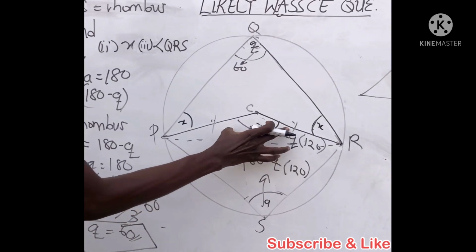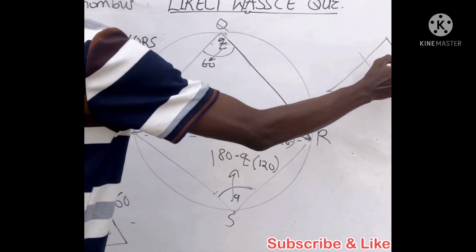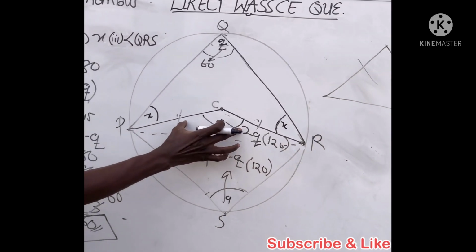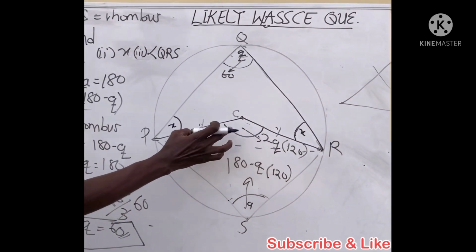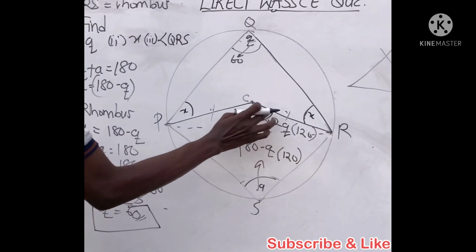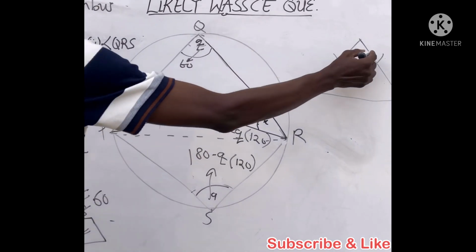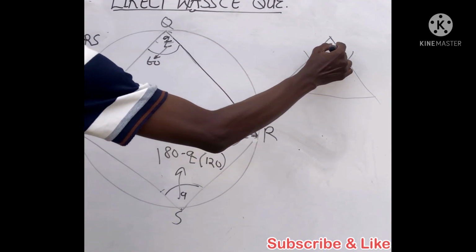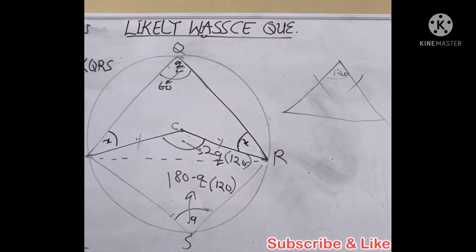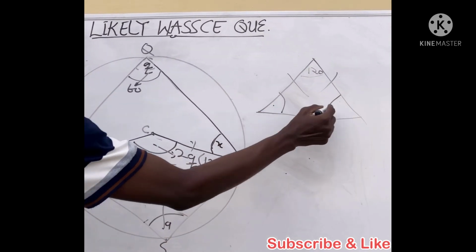Therefore, the triangle formed here is an isosceles triangle, because this line is a radius and this line also is a radius. They are both equal. We know that here is 120 degrees.